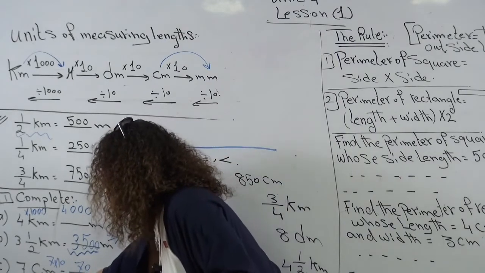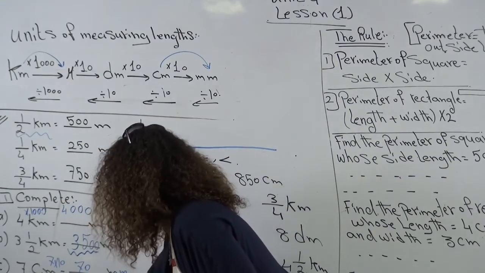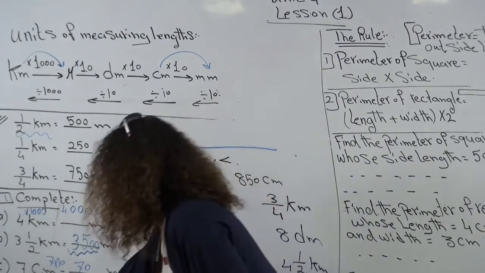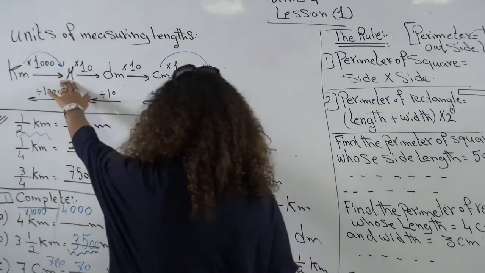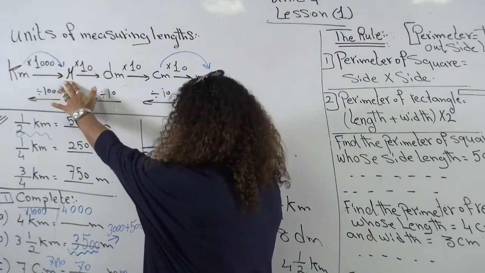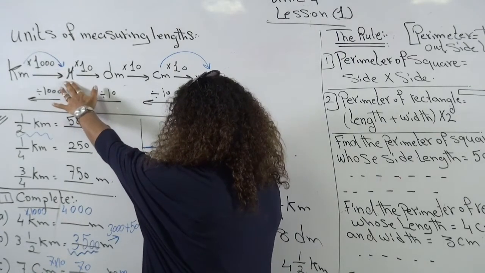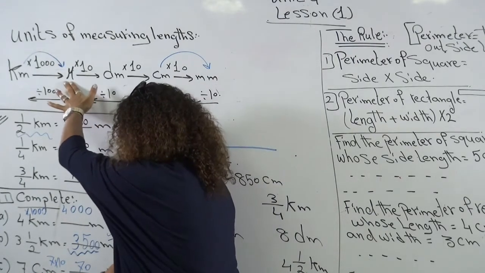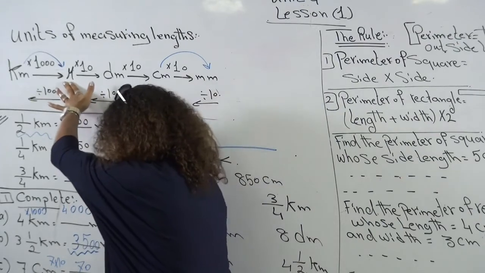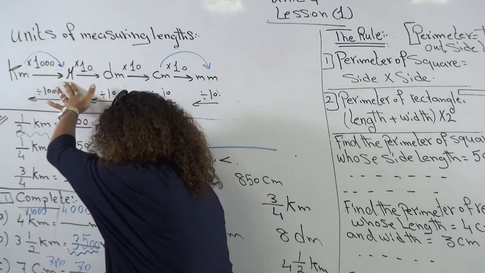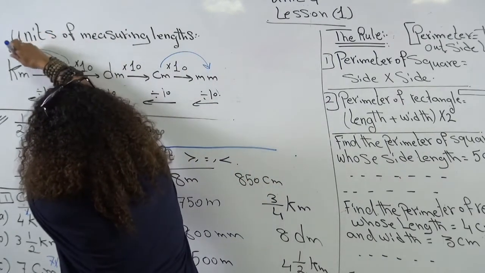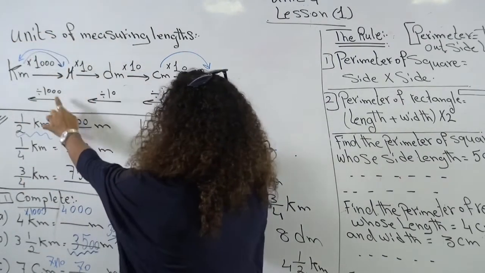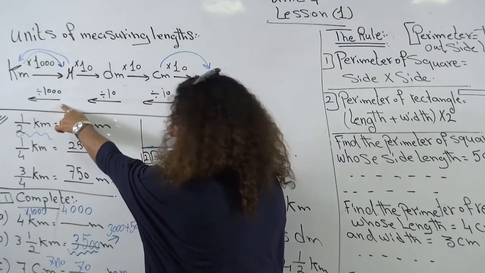So next one, I have 5000 meter equals what kilometer? I'm here on meter and I want to move to kilometer. Watch the unit here. It's kilometer. From the smallest to the greatest, the first step that I have to do is divide. So I will move against the ray like that, so I'm going to divide it by 1000.